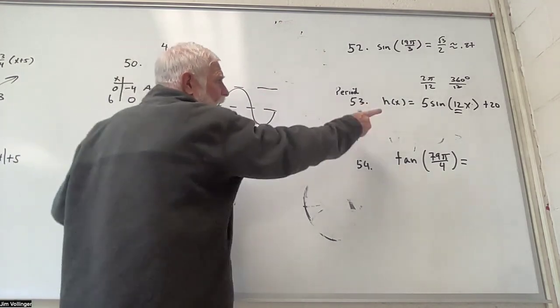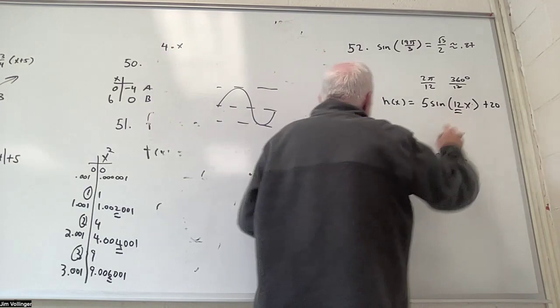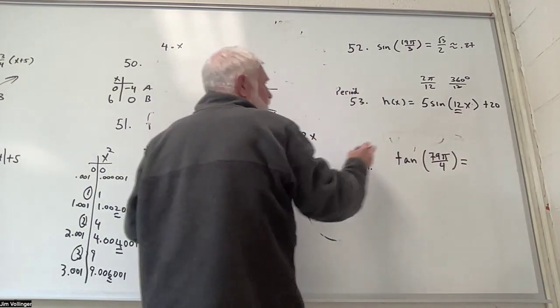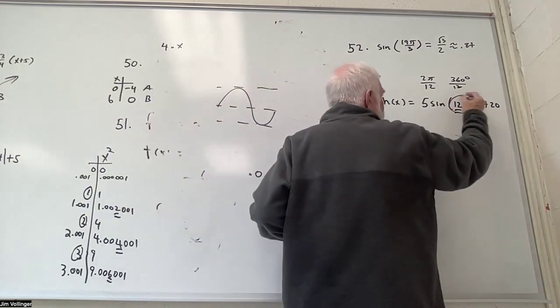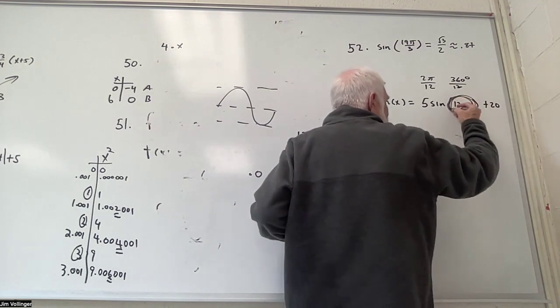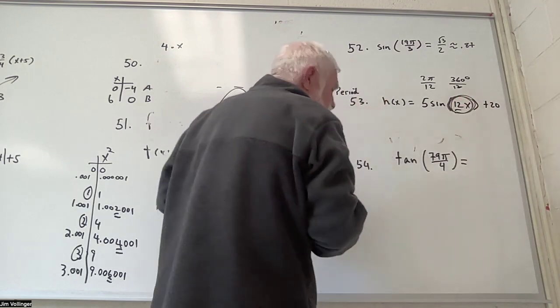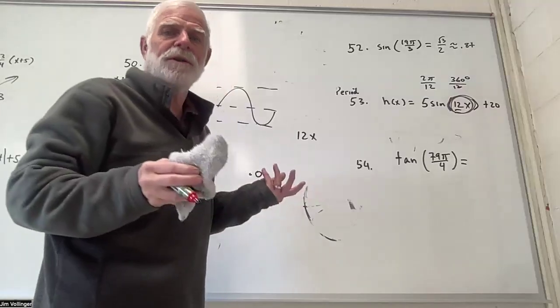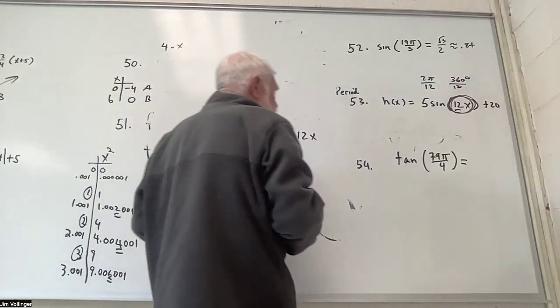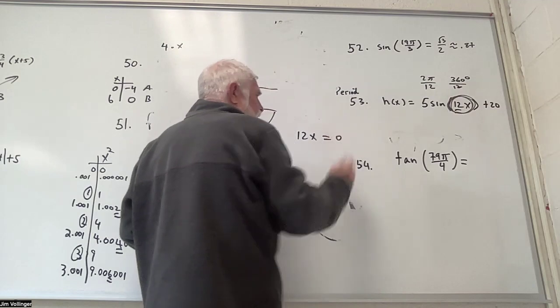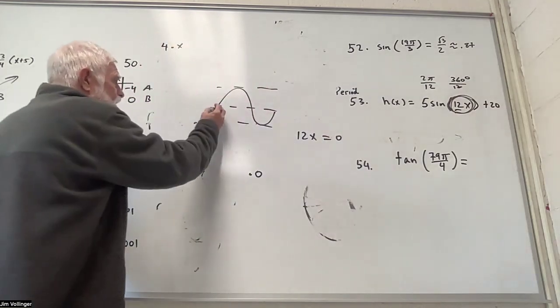Okay, so I'm looking at making 12x equals 0. That's the argument. This is what dictates angles right here. This is all about angles, creating ratios between 1 and -1. All right, so I set it to 0. That's easy to see. I start at 0.